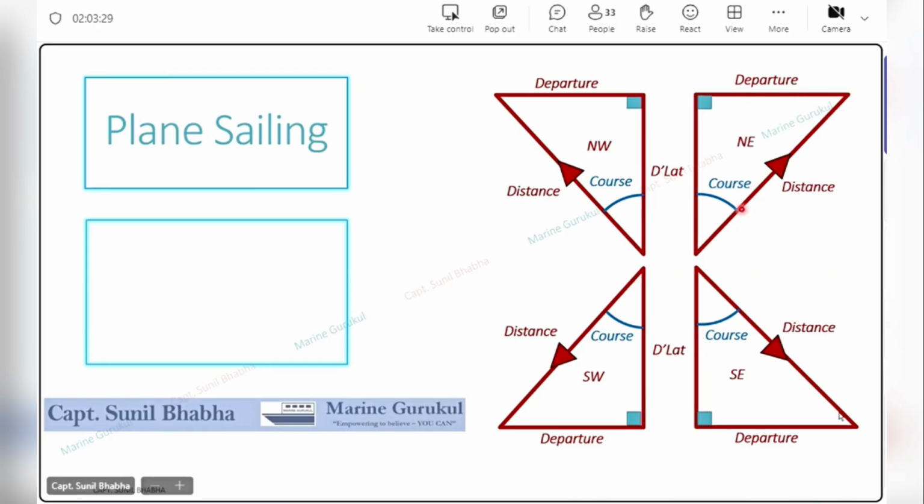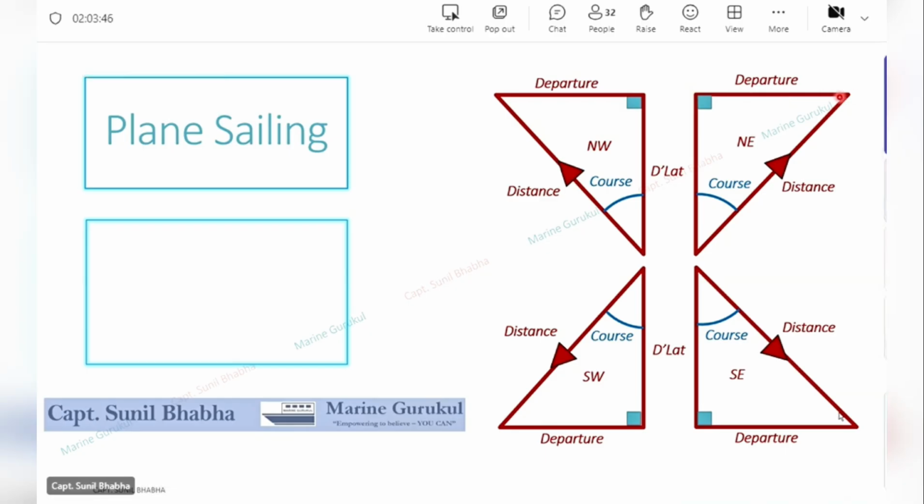This side gives us the distance, the vertical side gives us the D-lat, the horizontal side gives us the departure. This is the course angle and this is the triangle for the northeast quadrant.